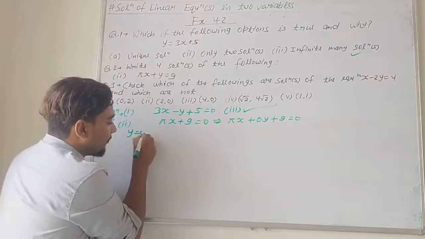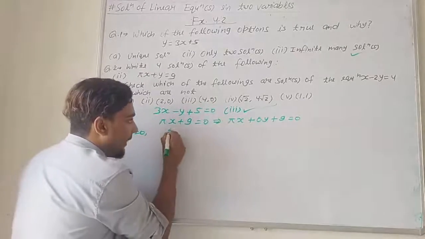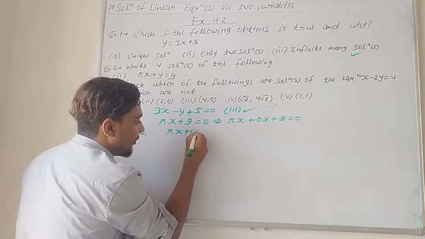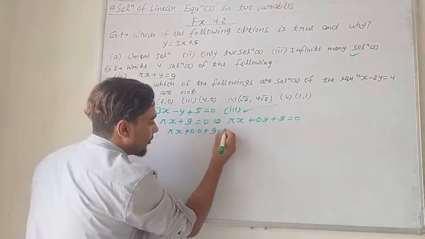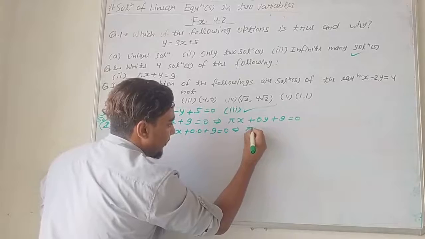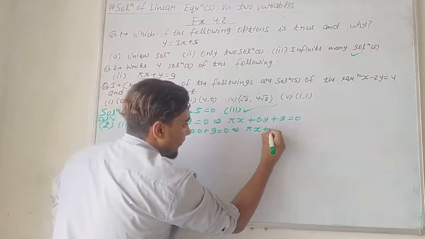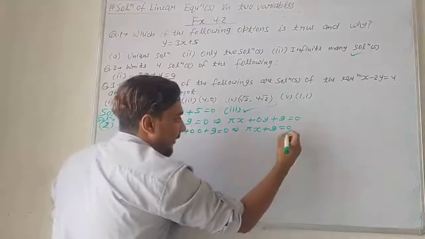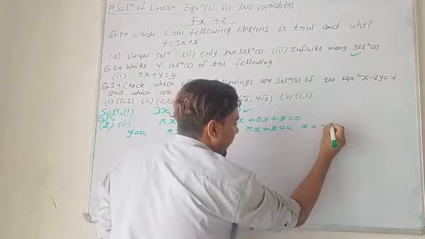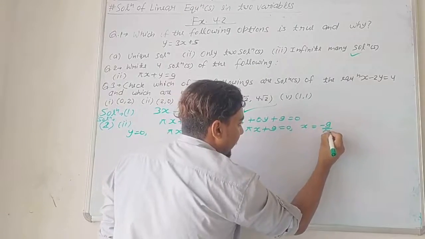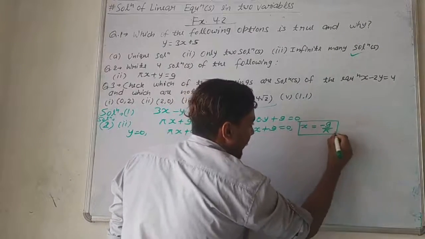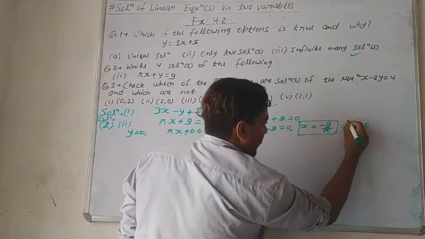So first of all, we take y equal to 0. We will get pi x plus 0 into 0 plus 9 equal to 0, which implies pi x plus 9 equal to 0, and from here we get x equal to minus 9 divided by pi, and y is equal to 0.